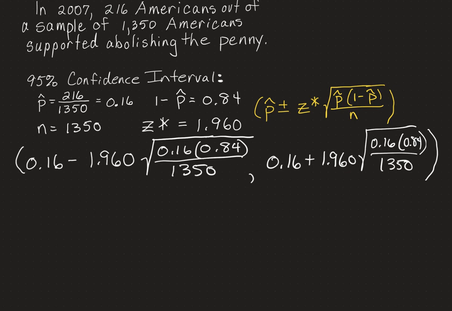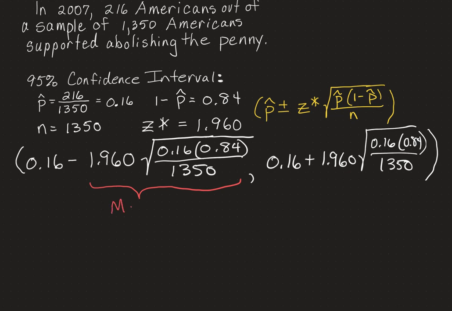Remember the terminology we used when we were working with StatKey and using the 2SE approach? We said 2SE was the margin of error, since we have replaced the 2 with a more precise z star value, and we are now calculating the standard error.